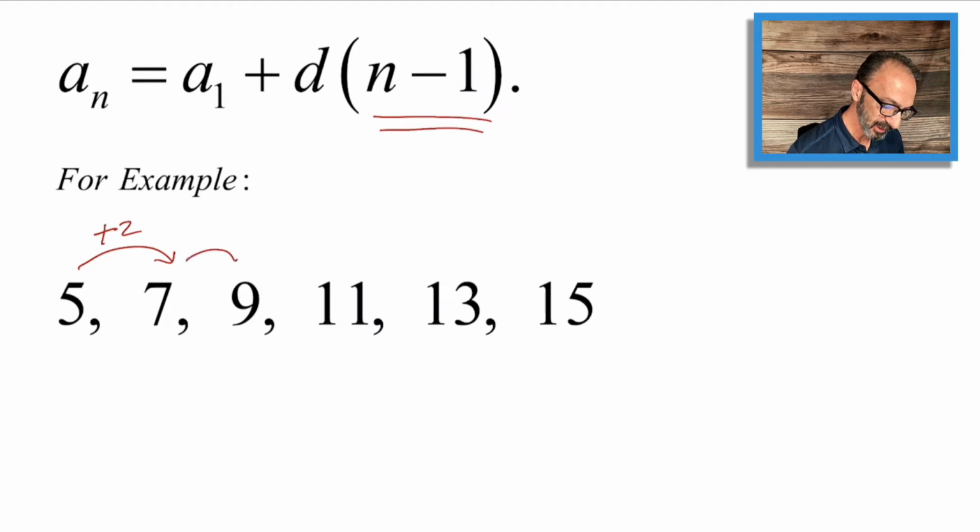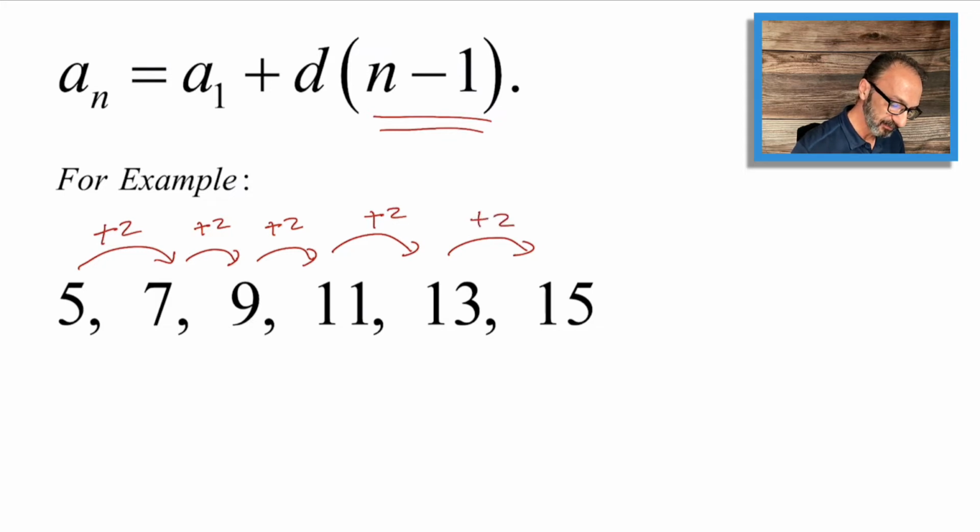From 7 to 9, we are adding 2. From 9 to 11, we are adding 2. From 11 to 13, we're adding 2. And from 13 to 15, we are adding 2. So the common difference is 2. And the first term is 5.